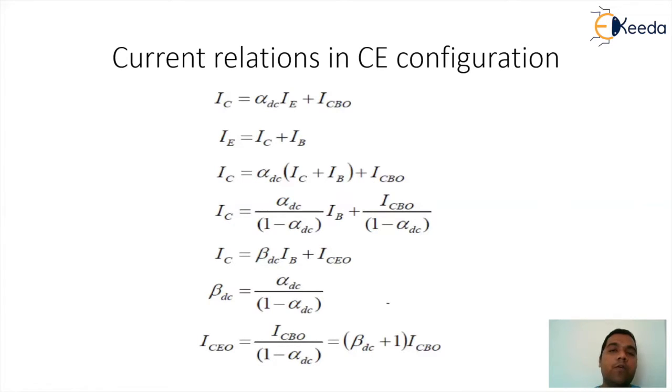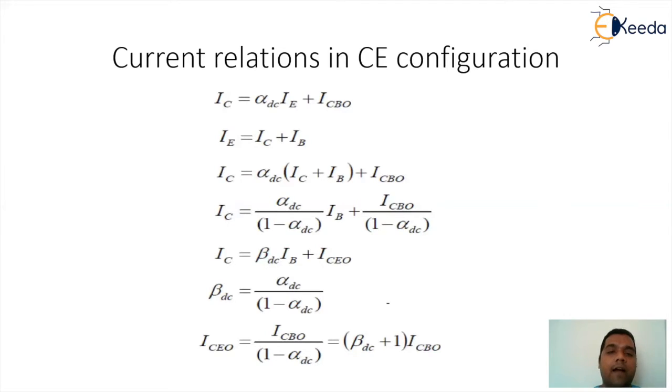Here we start a derivation where we take IC as alpha times IE plus ICBO. This is the current relation for common base configuration. Then you substitute emitter current equal to the collector current plus the base current, which is a standard relation for BJT. On substituting and rearranging, you get IC equal to alpha upon 1 minus alpha times IB plus ICBO by 1 minus alpha.